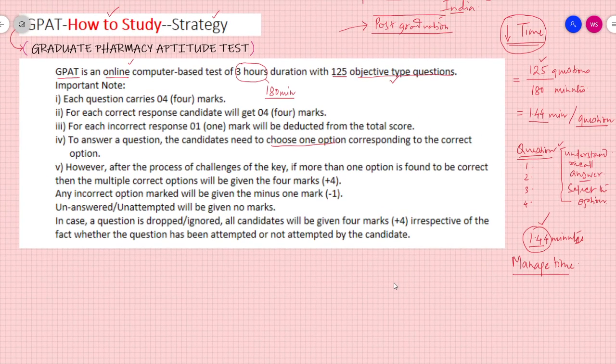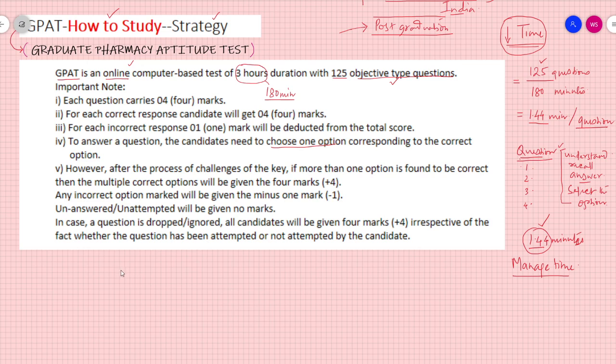So our strategy here is to study efficiently. And why do we want to study efficiently? Because then we would be able to answer the questions. How do we answer the questions? It has to be correct, because only correct responses fetch us marks.